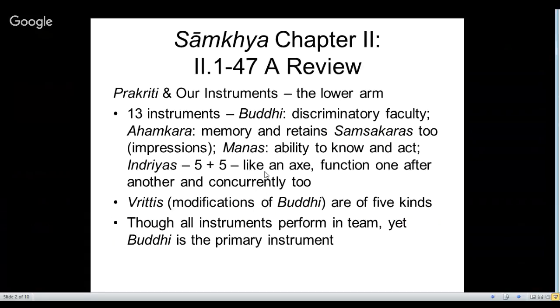So we have these organs, 5 plus 5, but they are for outer worldly functions. If I want to see something, I engage my sight organ. If I don't want to, I don't use it. It is not that I have to always use these organs. So a human being should have the maturity to decide when to use an axe and when not to use it.